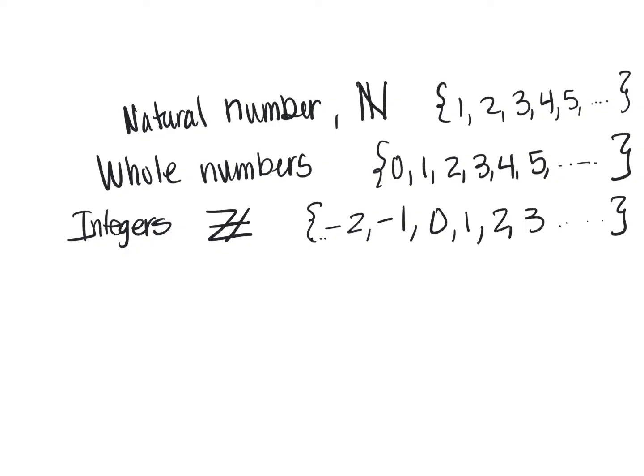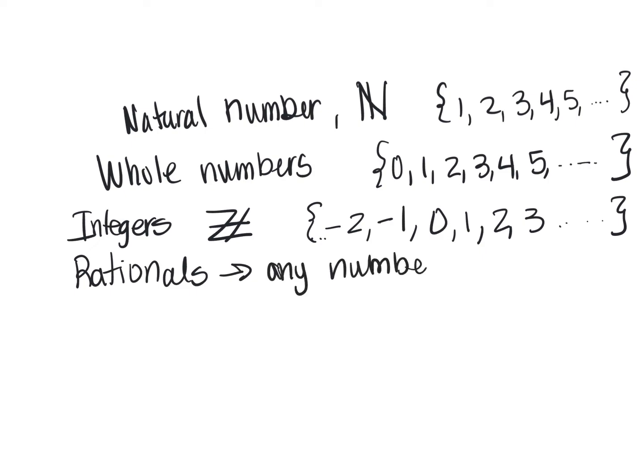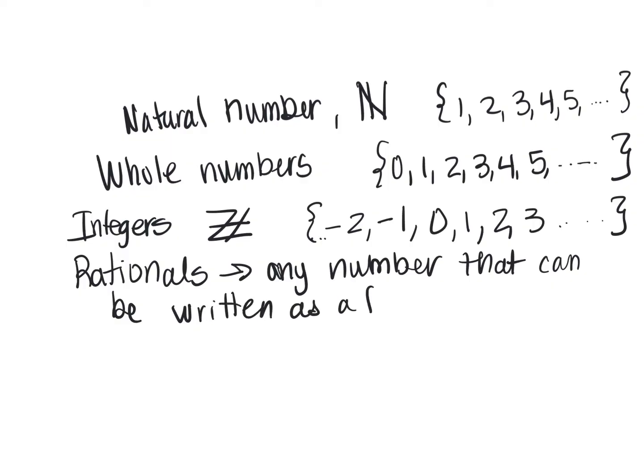Now, our next set is the rationals. And this is again a subset of numbers, and it is any number that can be written as a fraction of two integers.